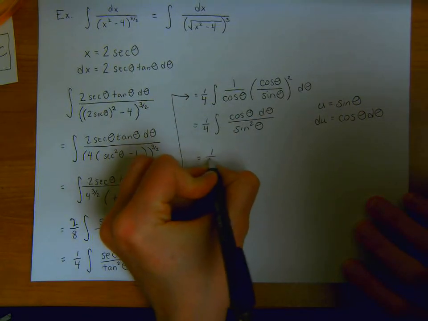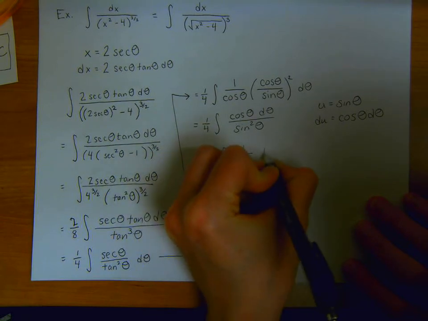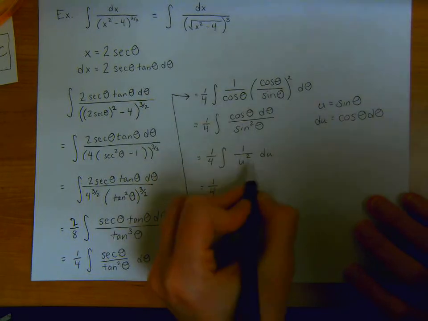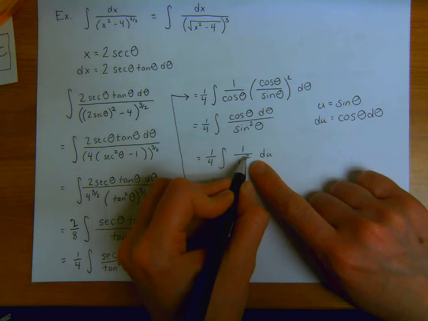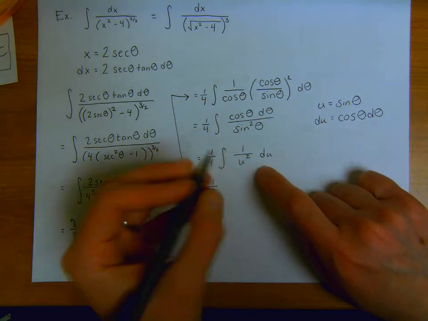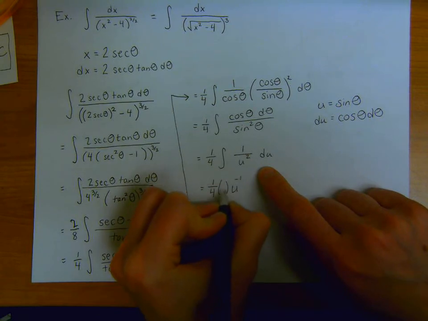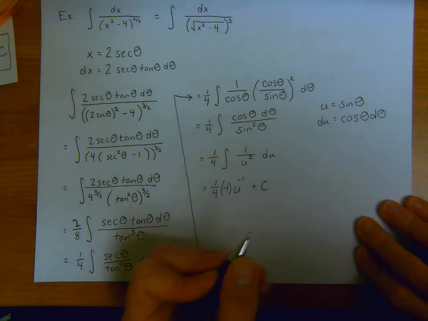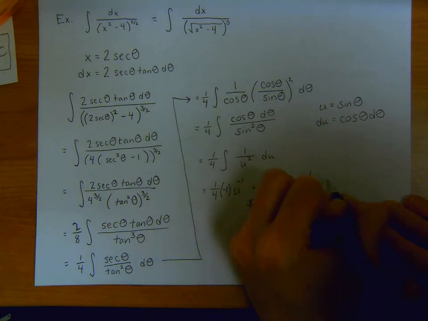So I end up with 1/4 of the integral of 1 over u squared du, which is 1/4. I can integrate this. Hooray! This is u to the negative 2, right? So this becomes u to the negative 1 times negative 1 plus c, or I can rewrite that as negative 1/4 times 1 over u.